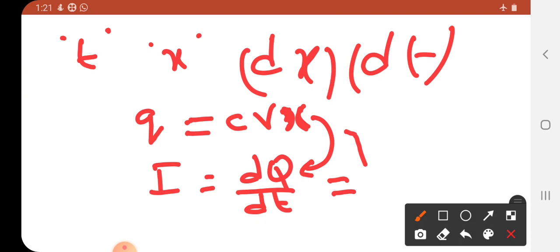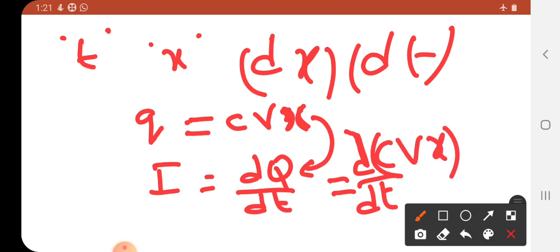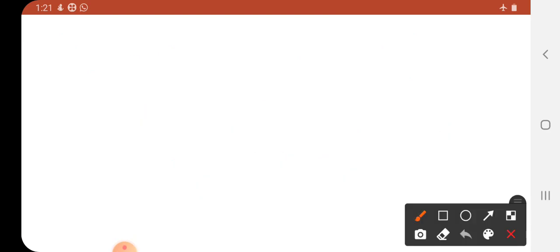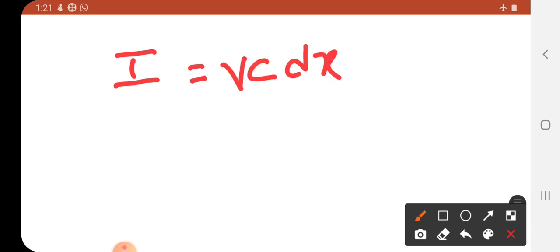That is, I is equal to d by dt of CVx, or we can also write I is equal to VC into dx by dt.